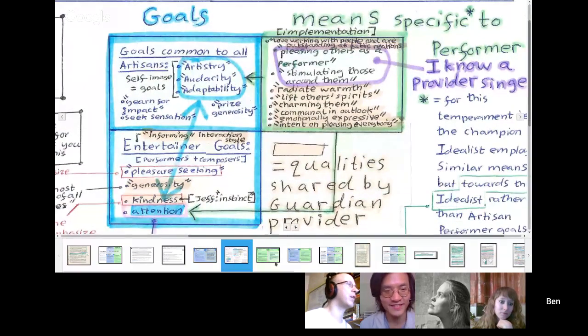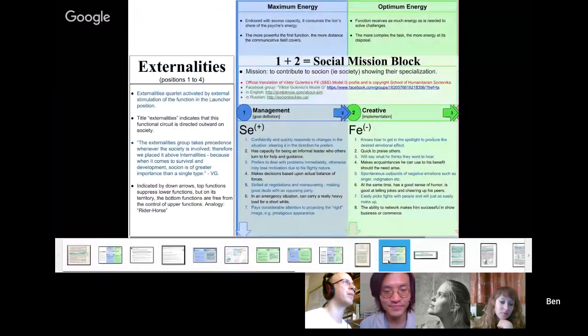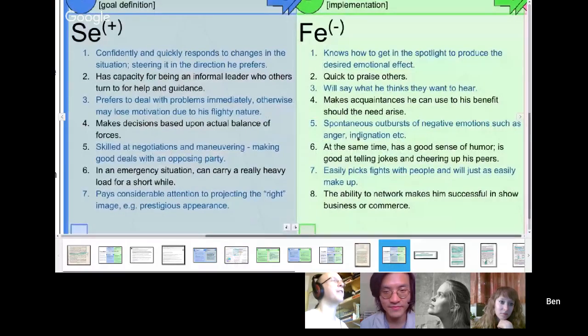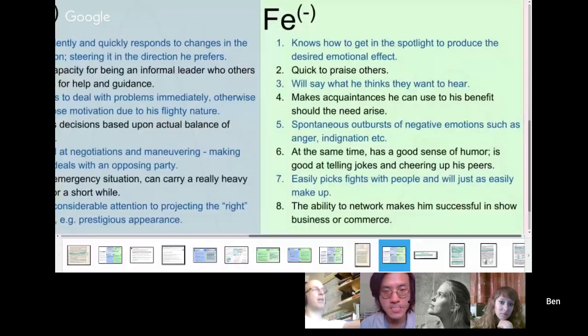A slight bit on that, if people want to see: this is how Victor sees the FE, and you can see the similarities in what Kersey wrote. I just took those bits out of the profile. Knows how to get into the spotlight. That's very similar to Kersey ESFP.